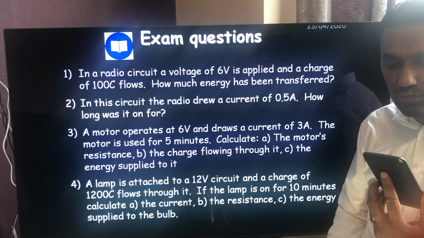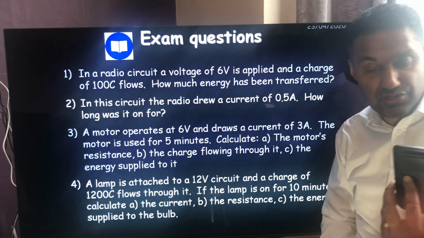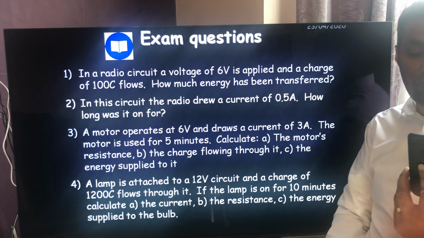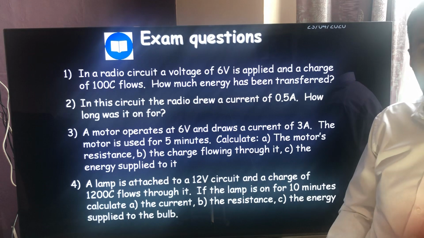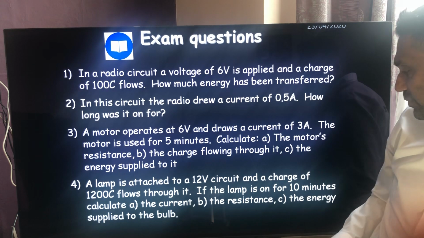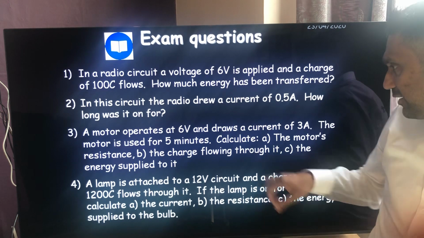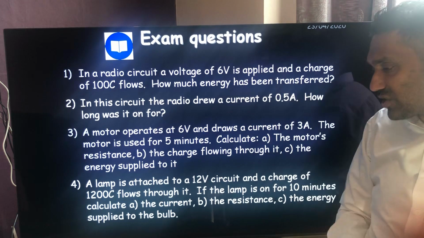So 14,400 joules, or 14.4 kilojoules of energy, because that's the energy supplied. Because E equals QV, Q is there, and the V is there. Okay, and the resistance we have to use from V equals IR.